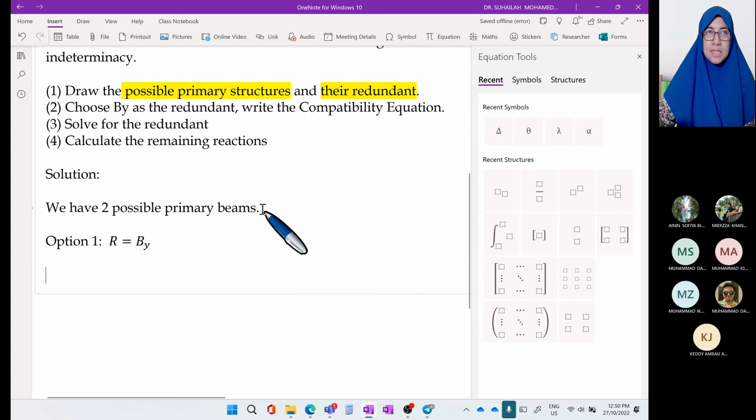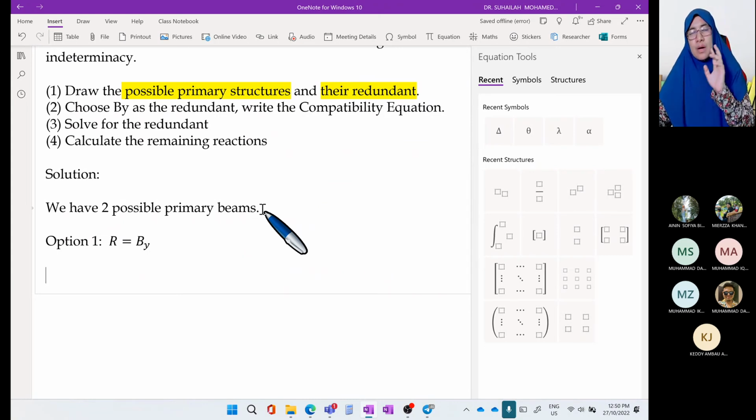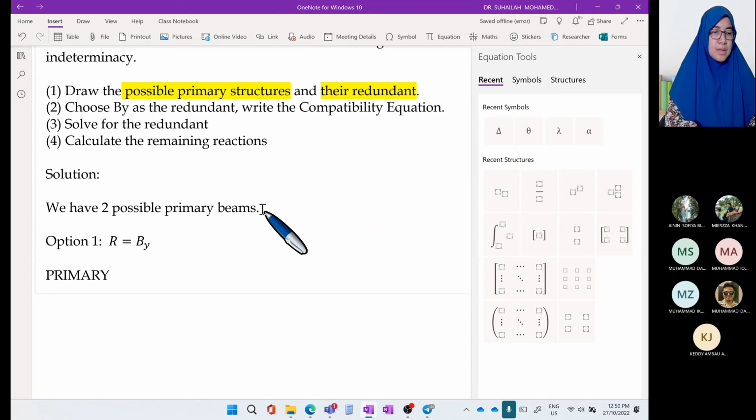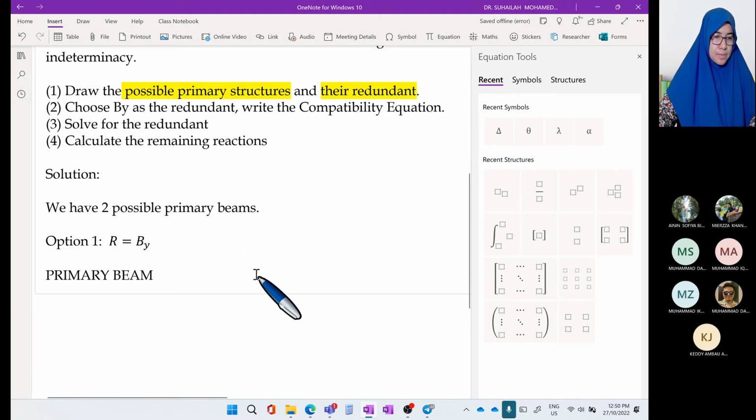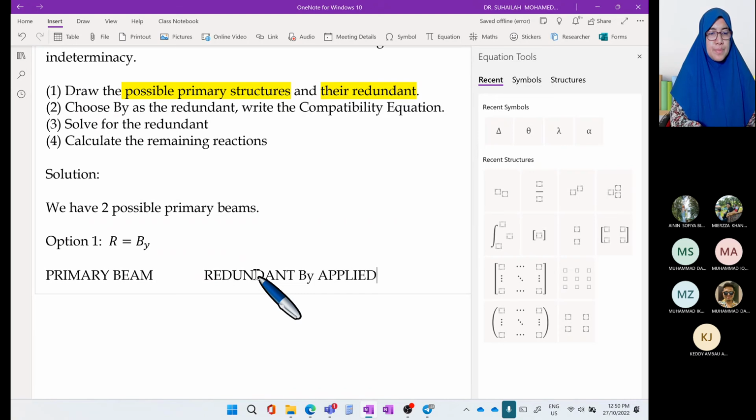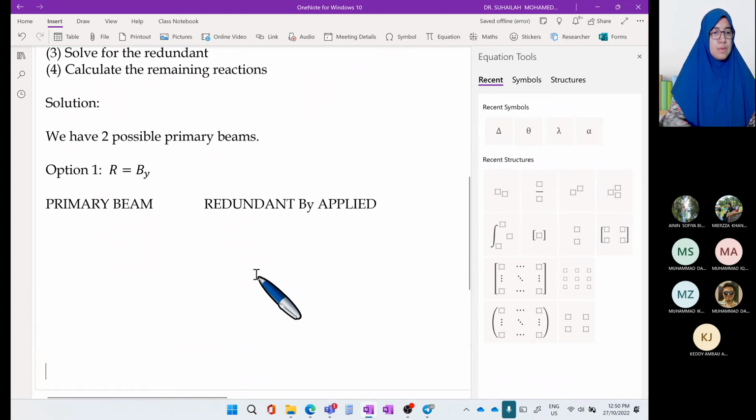So when BY is the redundant, we have two determinate systems. One is the primary beam, number one. Two is the redundant, BY applied. This is option number one.